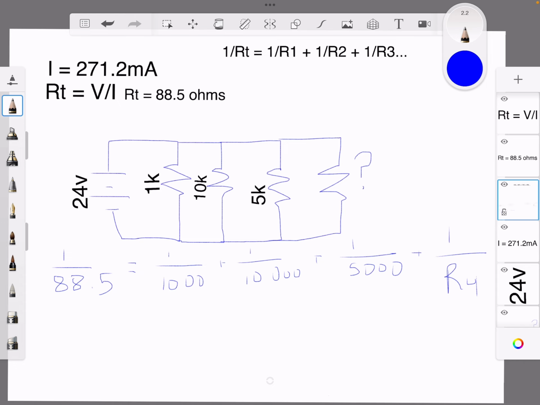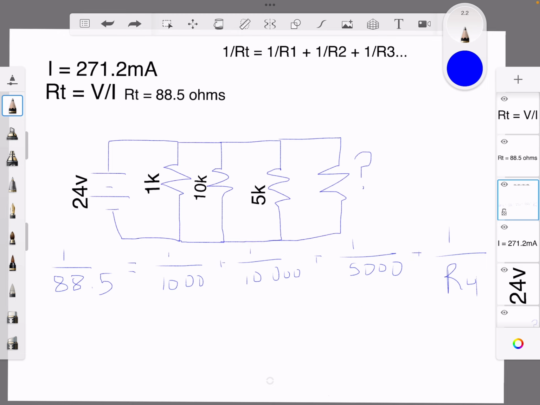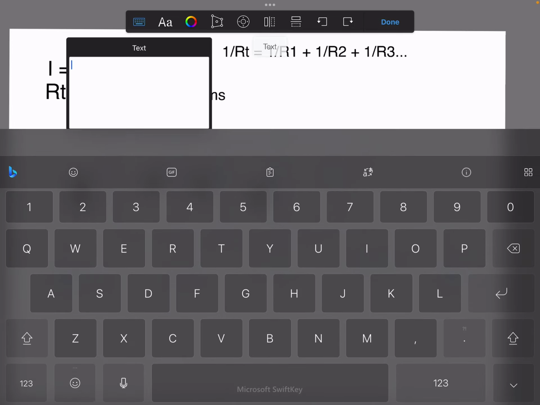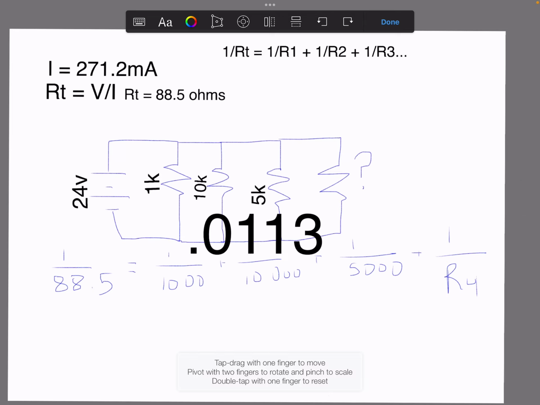So now, at this point, you have 1, 2, 3, 4 division problems that you have to do. So we're going to use our calculator. 1 divided by 88.5 comes out to 0.011, and I'm going to round up to 0.0113.